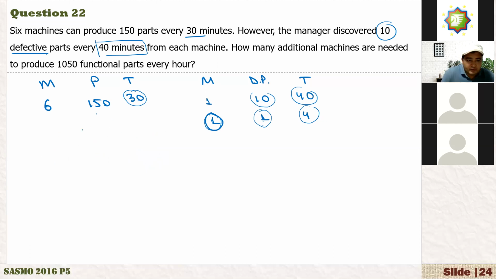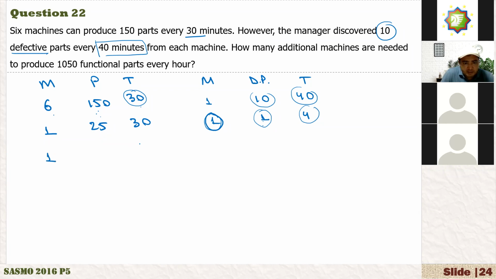Okay, let's just find one machine in 30 minutes. How many are produced? 150 divided by 6, that is 25. And here we have 30, right? In 30 minutes, it's 25. And how about in 1 hour?